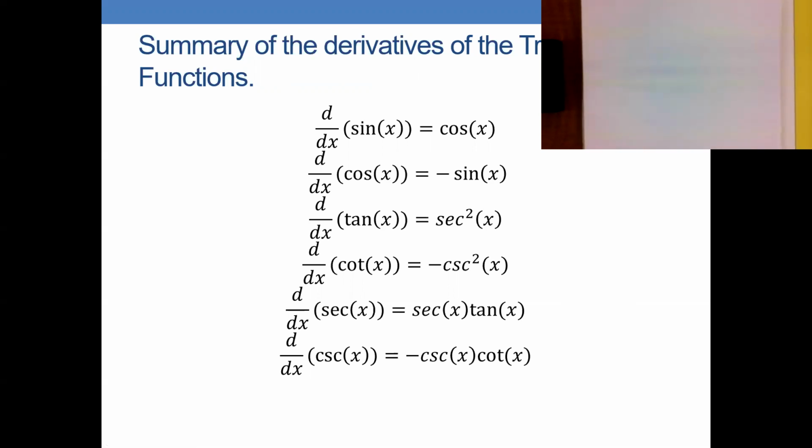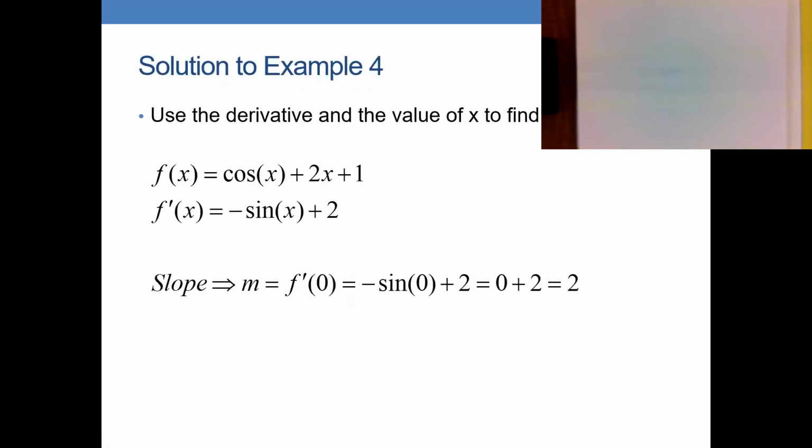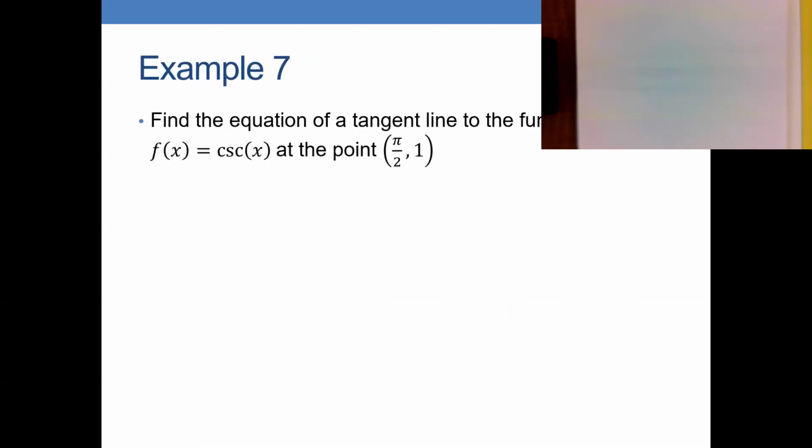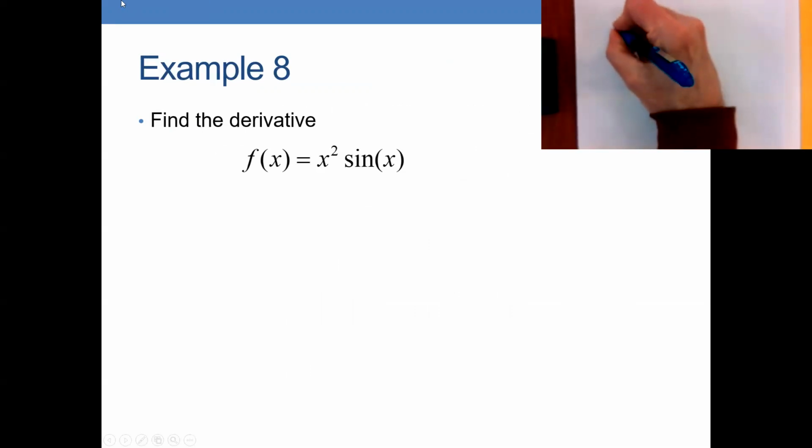Okay, so now I will go to slide 8, or problem 8, and I'll work this. I'm just going to work a few of these and then see if you have any questions.